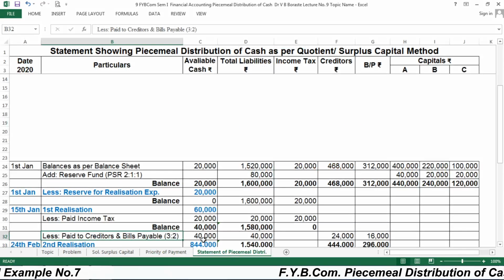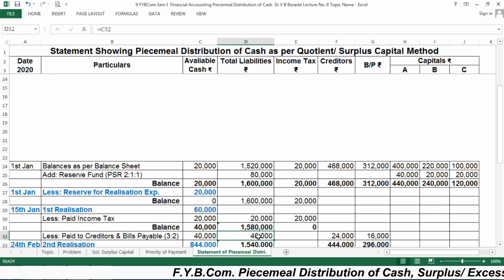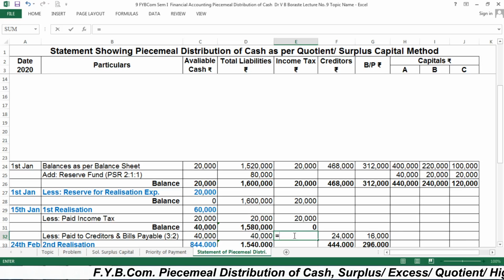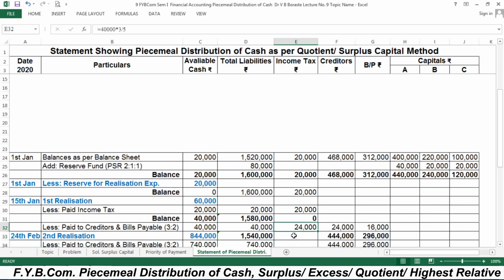So here you can pay creditors and bills payable. The 40,000 total amount will be distributed to the creditors and bills payable. Total cash will be reduced by 40,000. Total liability will be reduced by 40,000. And creditors will receive 3 shares. So equal to how much amount? 40,000 into 3 divided by 5. The amount is 24,000.